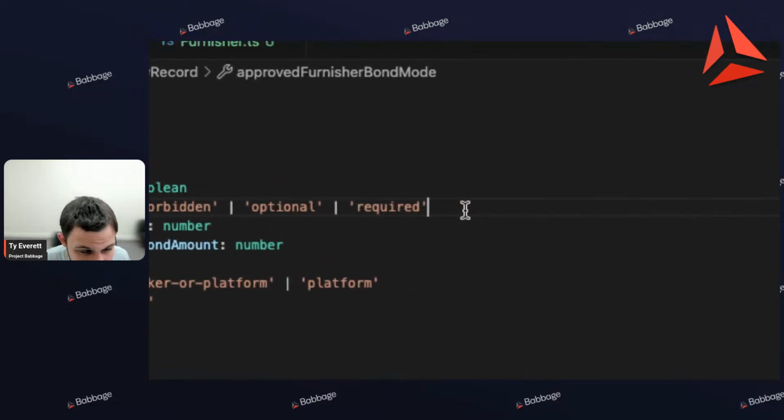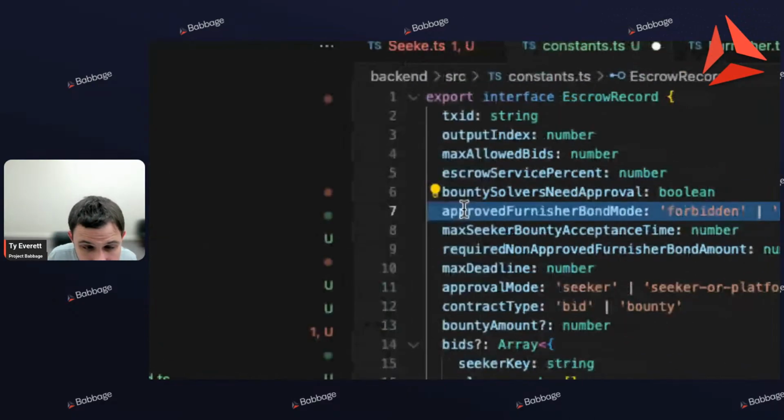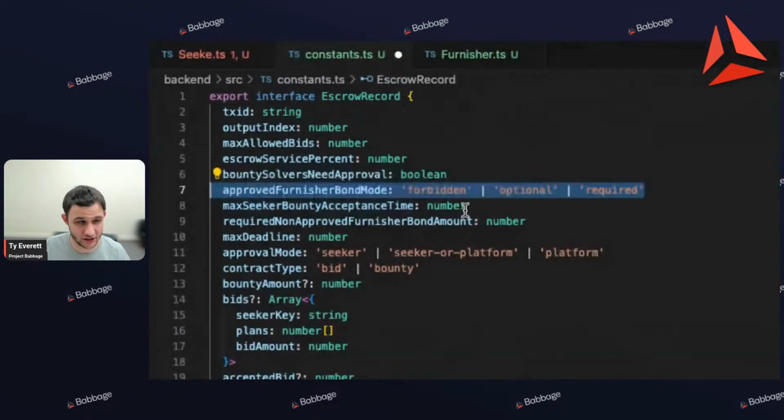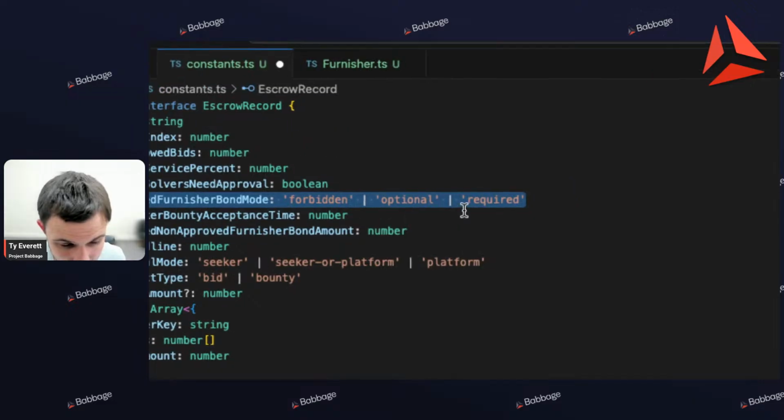So what this would allow is when you submit a bid, you can put a bond up as well. It could be forbidden, it could be optional, it could be required.